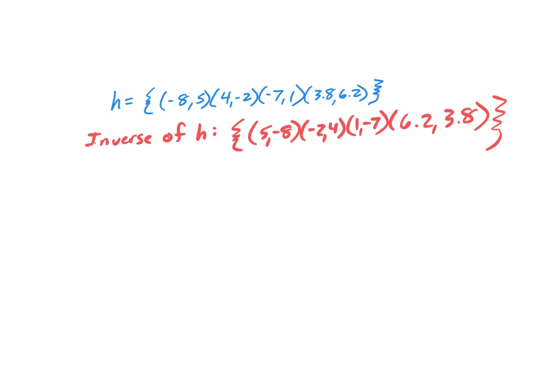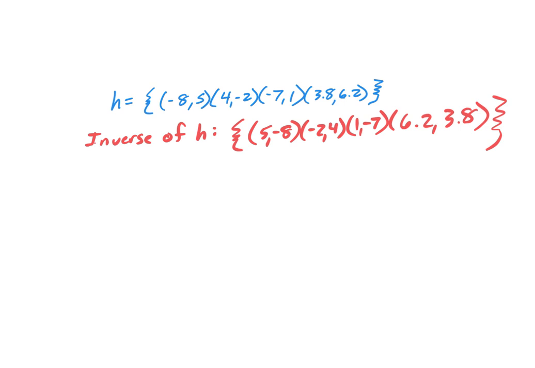And these are just brackets showing that we're putting it in a set. Same number of ordered pairs, right? We have 4 ordered pairs, and we're just flipping all of those ordered pairs around. Pretty straightforward on how to rewrite and put it as an inverse.